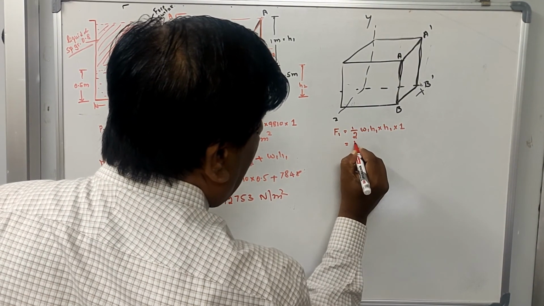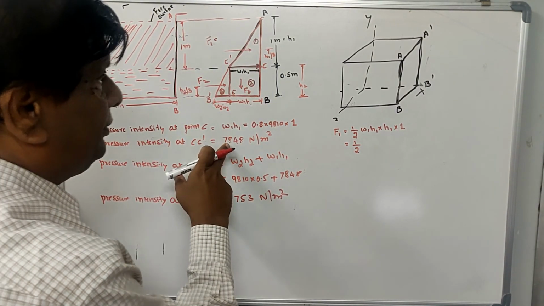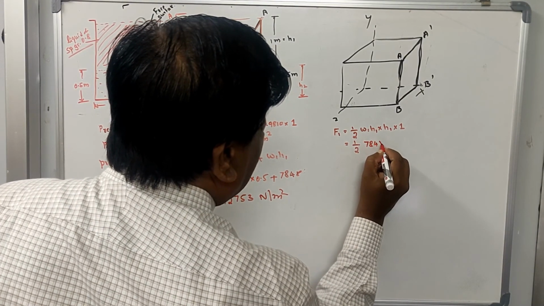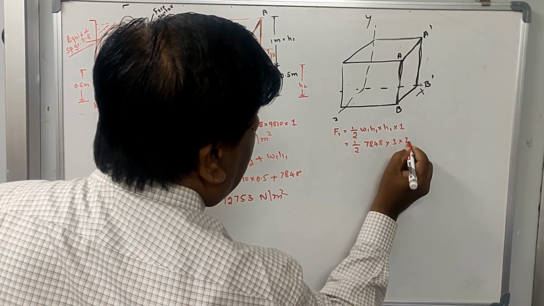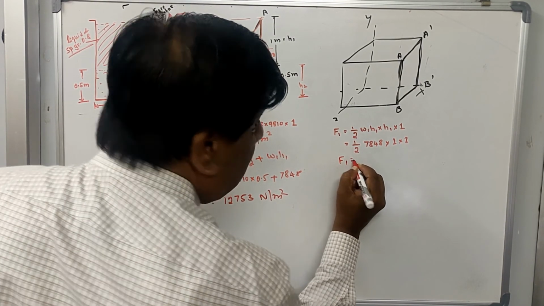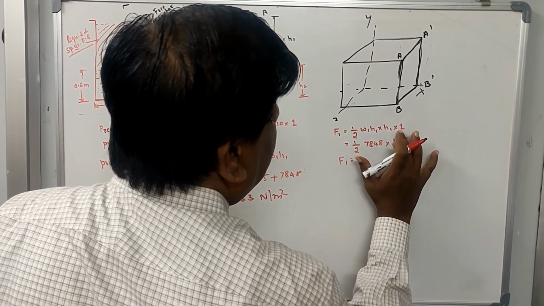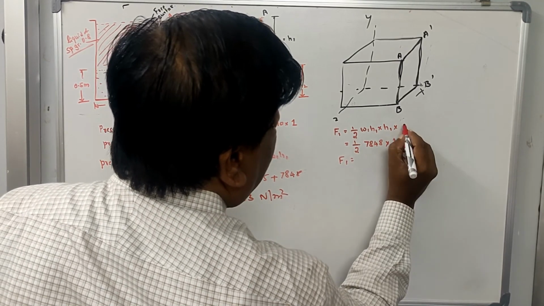This is equal to half W1 H1, where W1 H1 is 7,848 and H1 is 1, multiplied by 1. Here it is not unit length, so the width of the tank is 2 meters, so you can take 2.